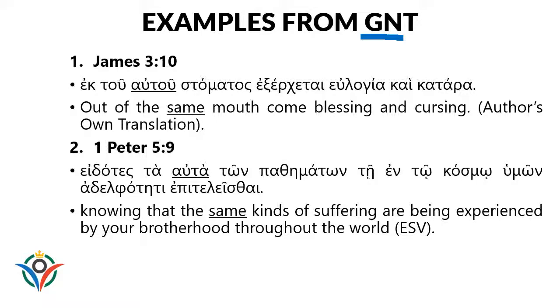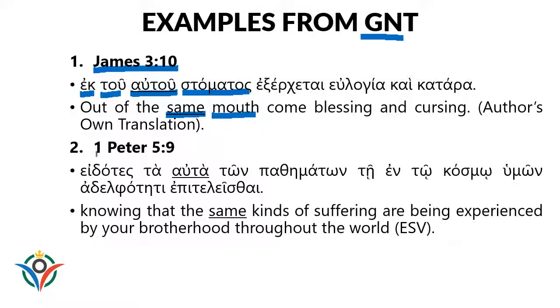The first one comes from James 3 verse 10. So we see there we have ek tou autou stomatos. All right, so we see that the article comes before autou, so it's standing in the attributive position. So we translate this as "out of the same mouth."